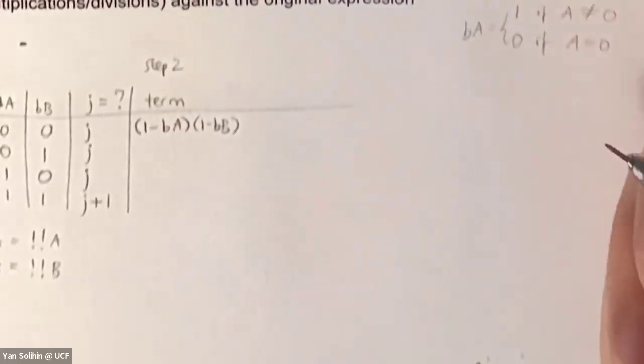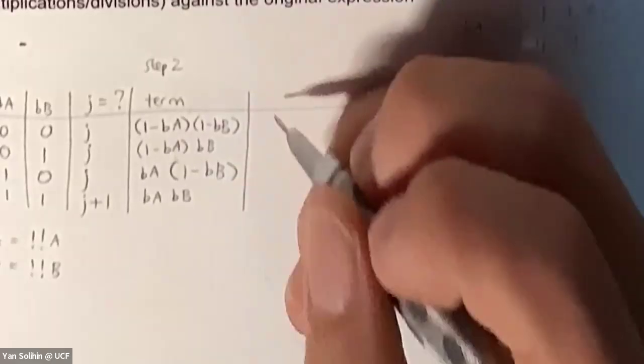And for B, if you see a 0, it's the same thing, so 1 minus BB. Now you just replicate it below, so 0, 1 means 1 minus BA multiplied by BB. You see 1, 0, that means BA multiplied by 1 minus BB. Finally, 1, 1, meaning that it is BA times BB. So that's the terms.